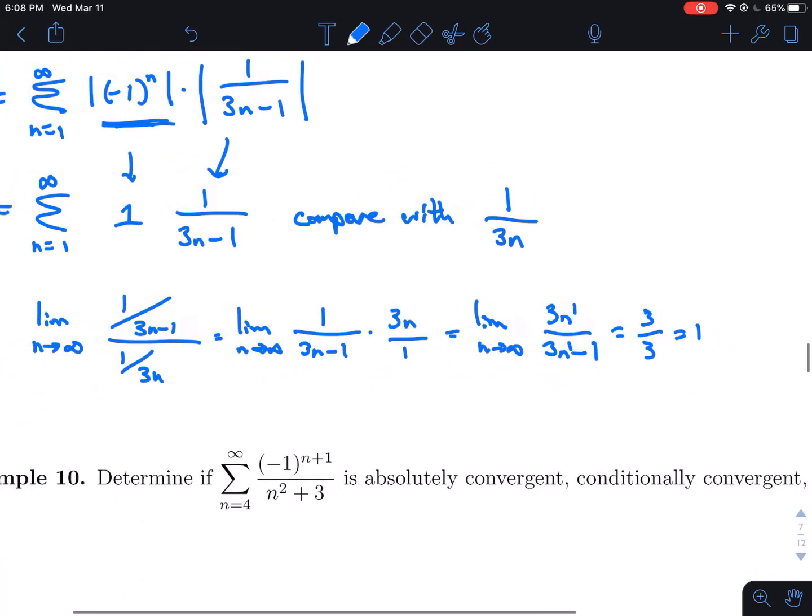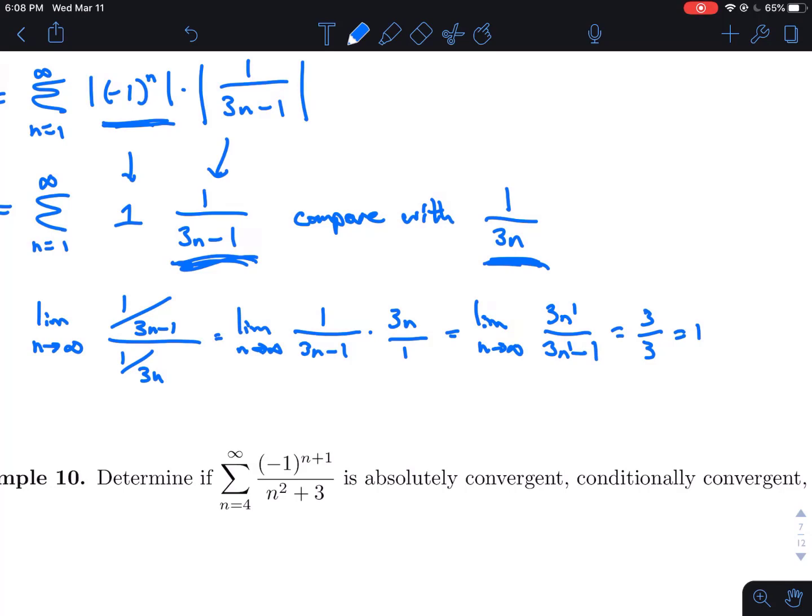So with this, remember, we have shown that we've made some good comparison, that our series here, my 1 over 3n minus 1, is comparable with 1 over 3n. And so let's go ahead and make this comparison with this nicer one, and we know that they share the same fate.